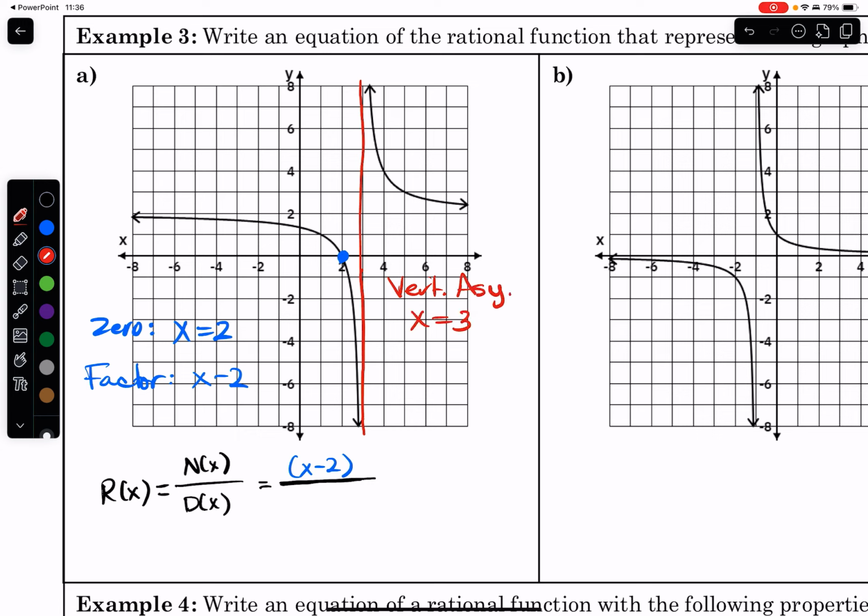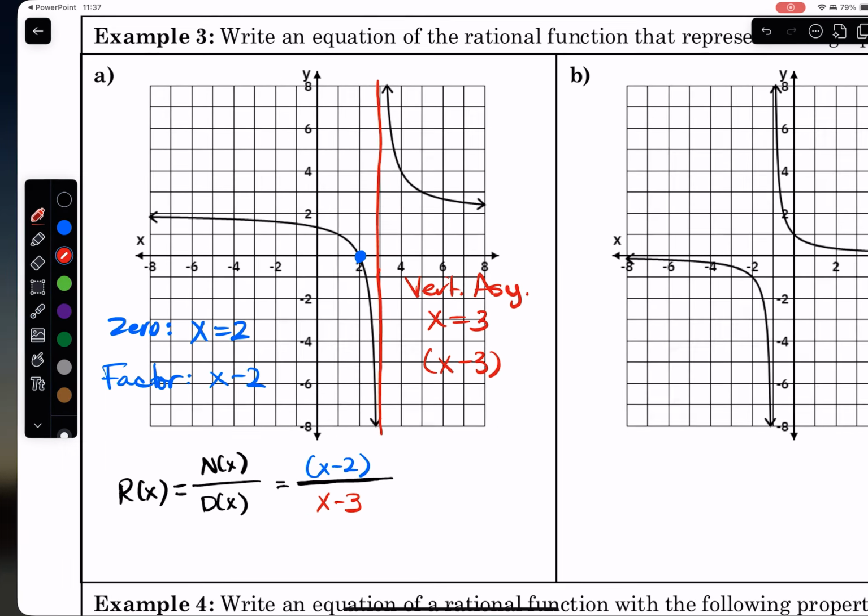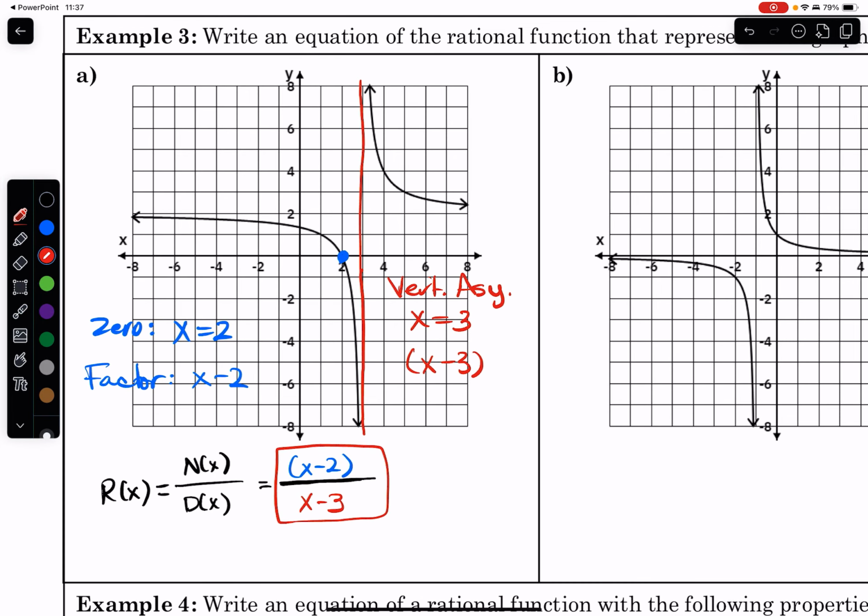Which means that my denominator factor would be the opposite of this, and in my denominator I have x minus 3. So just reverse engineering this from the graph itself, I can come up with the equation that's going to cross the x-axis at positive 2, and it's going to have a vertical asymptote at positive 3 right here. So this right here would be the equation that represents this graph.